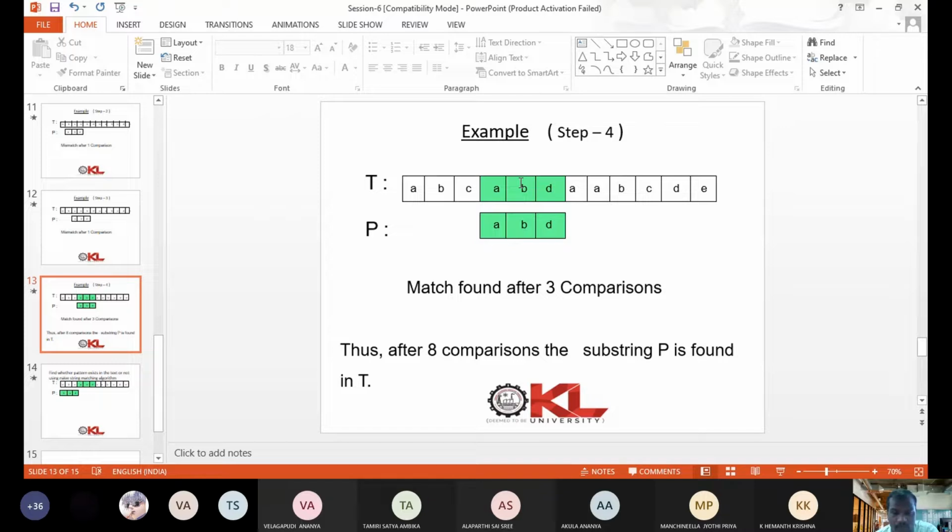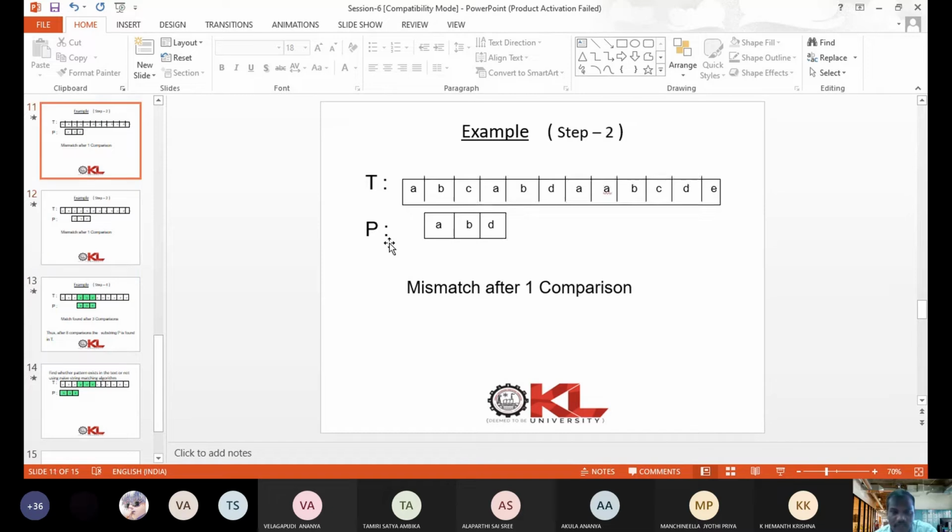Okay. So to find out this first occurrence of the string, before that, how many comparisons did we make? Just try to count them. Now in this slide, we find the valid shift, or the given pattern is found in the string. So the match is found after 3 comparisons. Very good. But to arrive at the solution, how many comparisons did we make before?